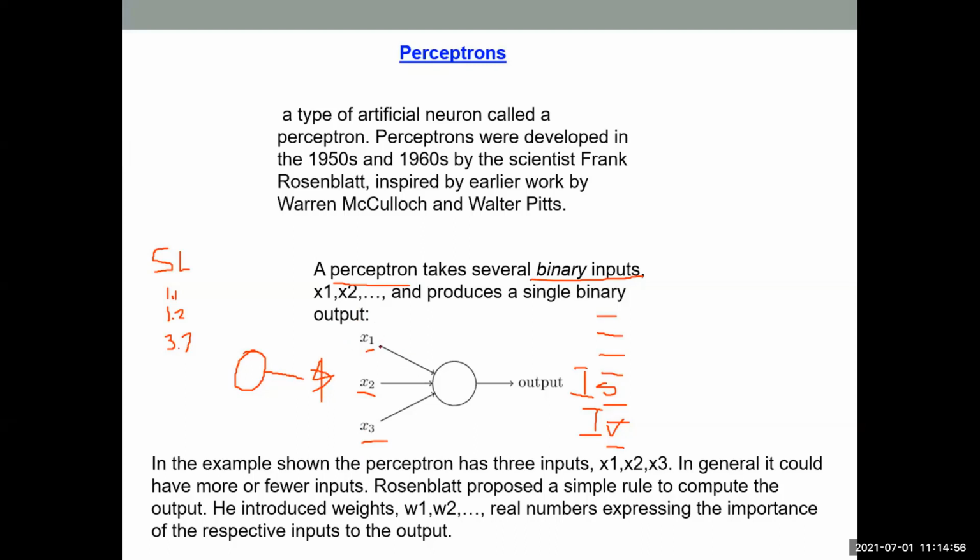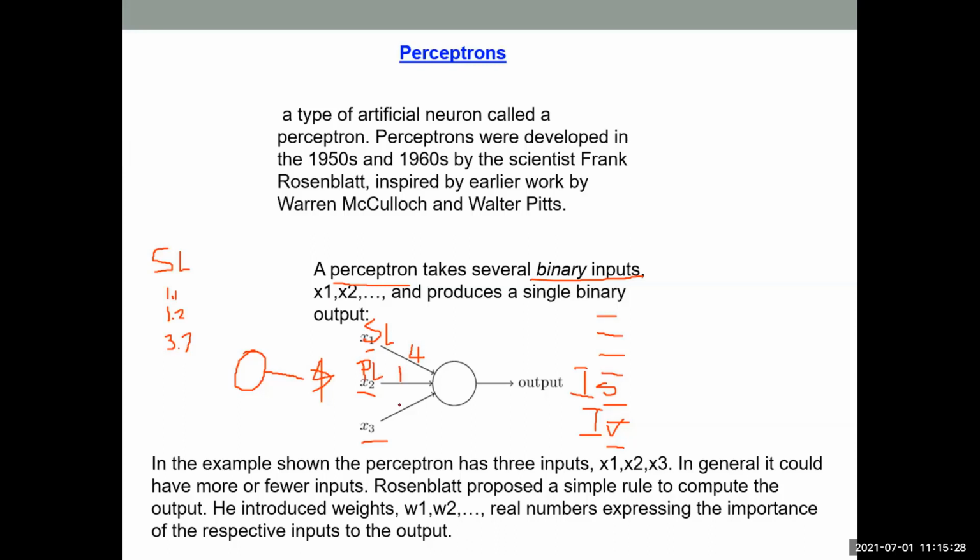How important is sepal length in predicting the output, whether it's going to be iris setosa, iris versicolor, or iris virginica? Well, I think sepal length has an importance of 4, as opposed to petal length, which only has a weight of 1.